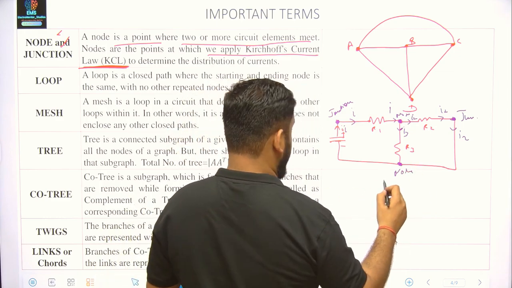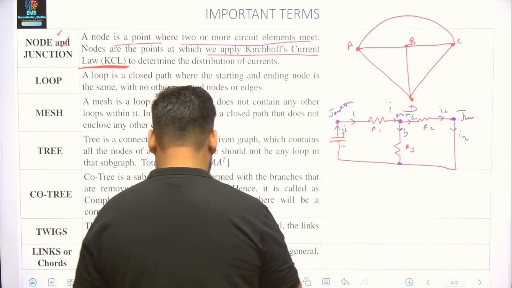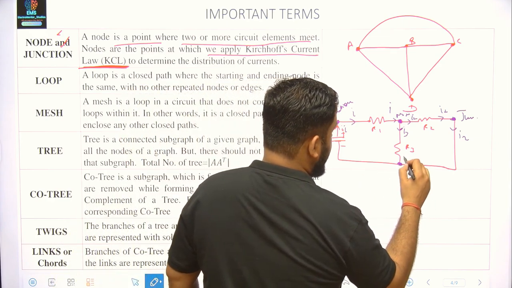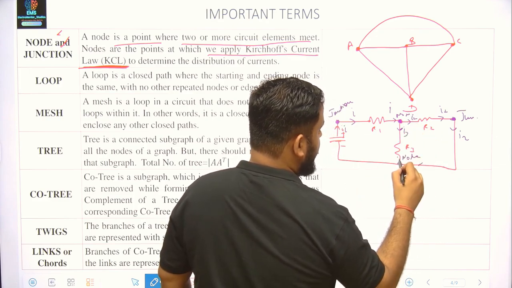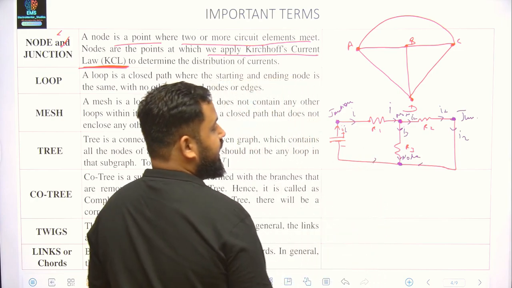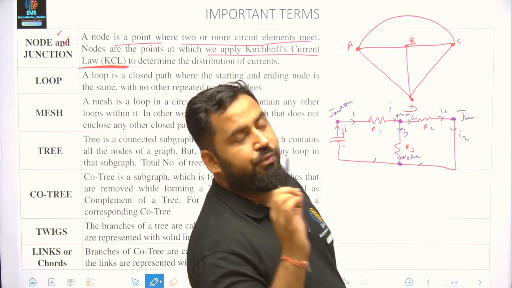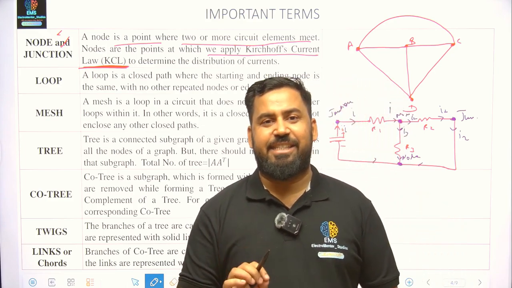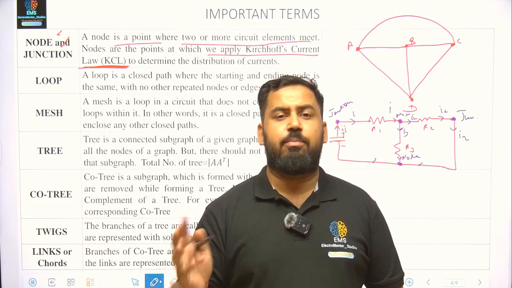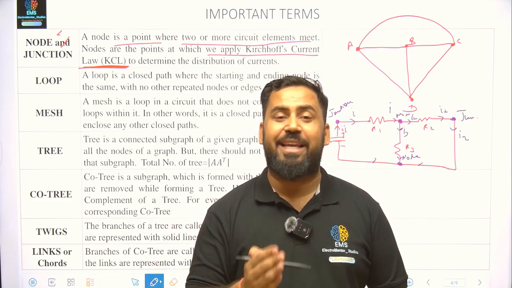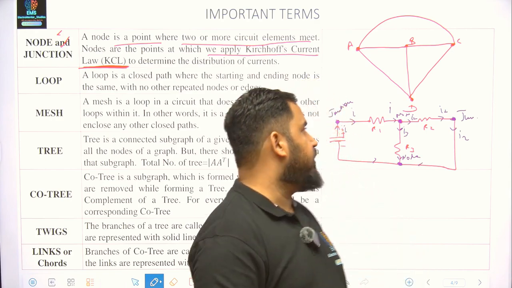I'll not enter the other territory. That will be a problem for me. Okay, so this point is a node because current is coming from here, current is coming from here and going there. So the point where we apply KCL is a node. Junction is also a point where two or more elements meet, but we don't require to apply KCL in order to know the value of the current.